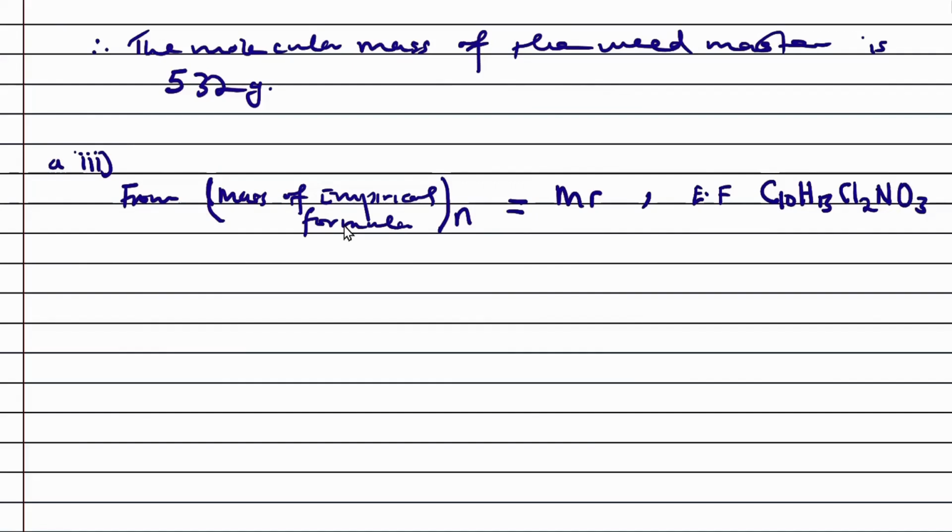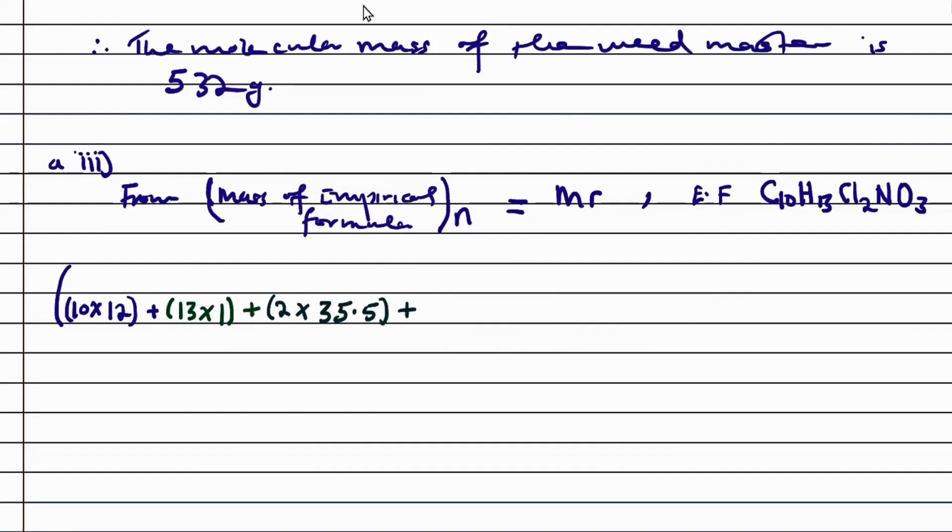Then we need to get the mass of the empirical formula. To get the mass of the empirical formula, we are now going to have the bracket in here. Then we are going to have 10 carbon atoms multiplied by the RAM of carbon, which is 12, plus hydrogen, 13 atoms multiplied by the RAM of hydrogen, which is 1, plus chlorine, 2 atoms multiplied by the RAM of chlorine, which is 35.5.